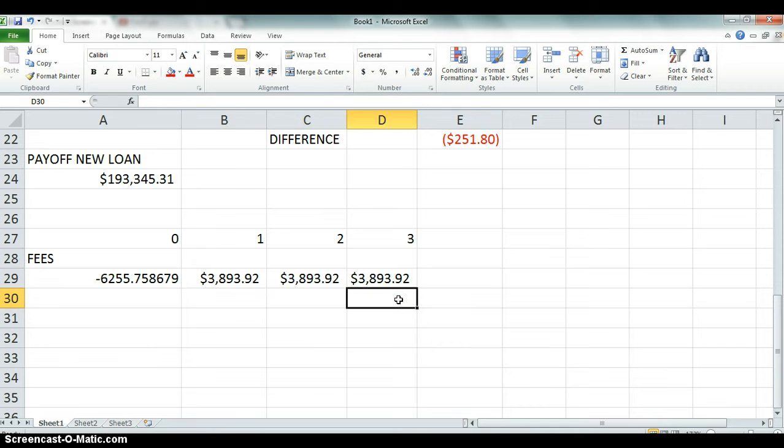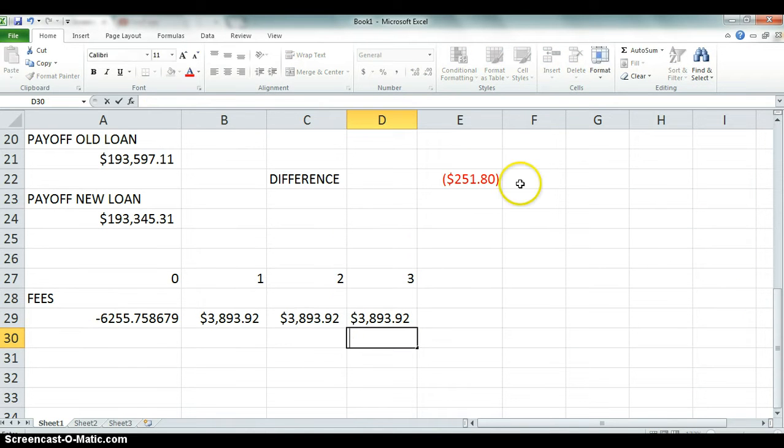In year 3, we will have to add the difference between the payoff of the new and the old loans, and finally we will calculate the summation of these two numbers.